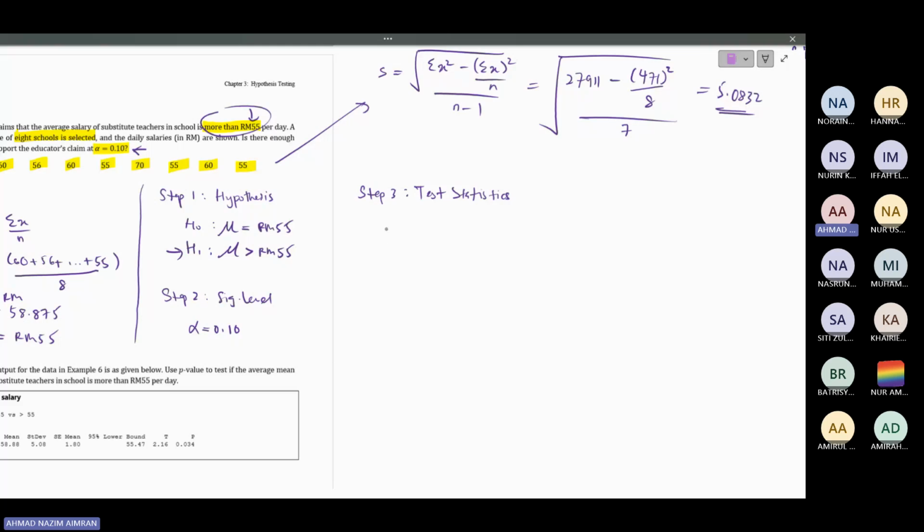So now you can calculate T calculated: x bar minus mu over standard deviation of the sample over square root of n.